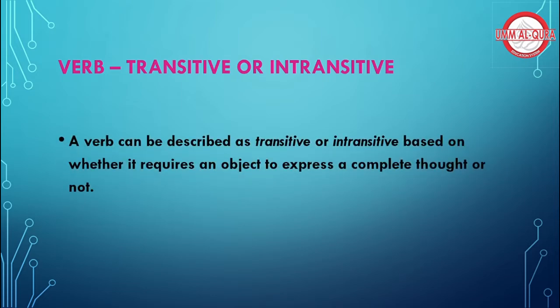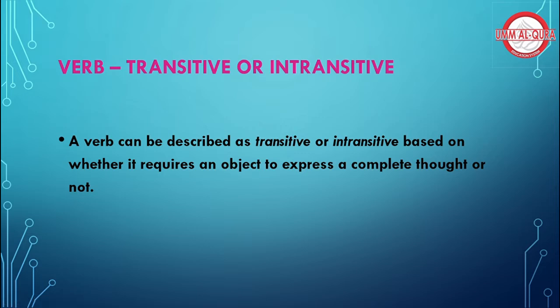A verb can be described as transitive or intransitive based on whether it requires an object to express a complete thought or not. Sometimes you must have read different sentences that do not have an object. What about them? Are they incomplete? Not necessarily.